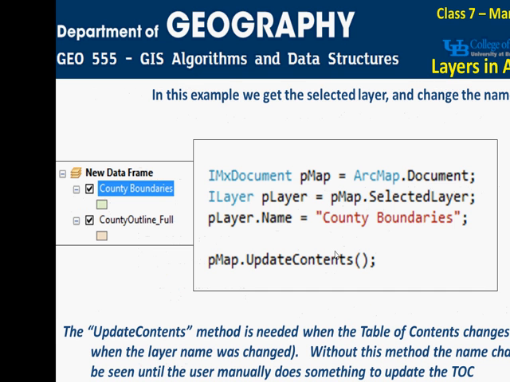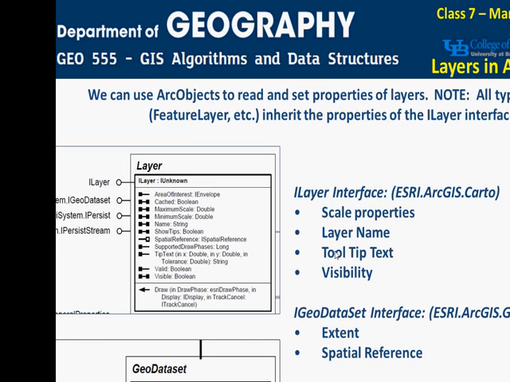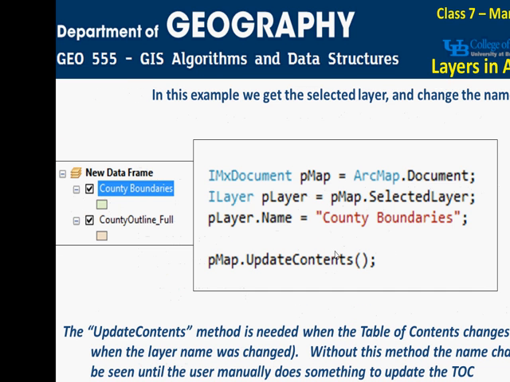That's a change in the table of contents, if you think about it. So this is the first time that second update comes into play that I mentioned at the start tonight. That's a method called UpdateContents on IMap, so on the data frame.